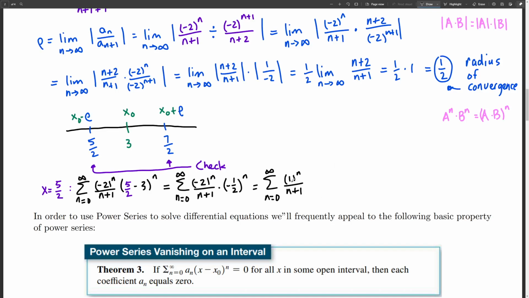Now, this series diverges. It's a p series with p equals 1. And so this diverges.